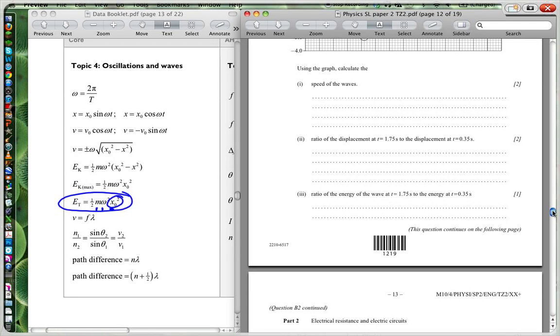So if the ratio between the displacements was 0.76, for the energy it's going to be 0.76 squared, and we're going to get about 0.57 as the ratio of the energies.